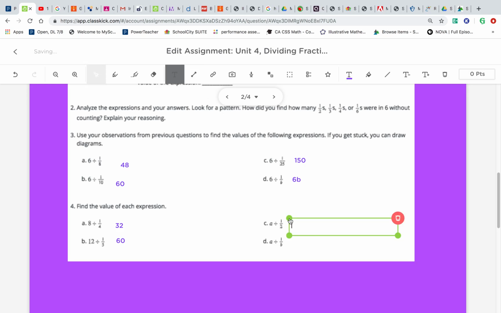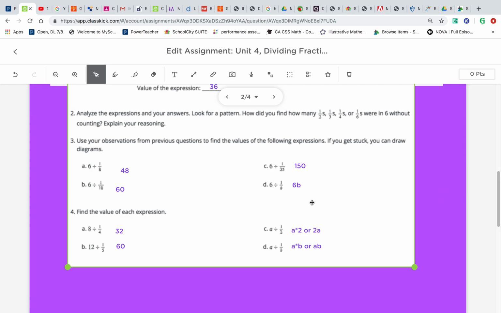So we can write this out as a times 2, or we can call that 2a. And then down here, a divided by 1/b. Well, that's going to be a times b. And you can actually just write that as ab. We just put those letters together. Hopefully this helps. Now you'll see when we get to the next activity that you can't always just do one step that quickly. So there's going to be another step we're going to introduce for different kinds of problems.